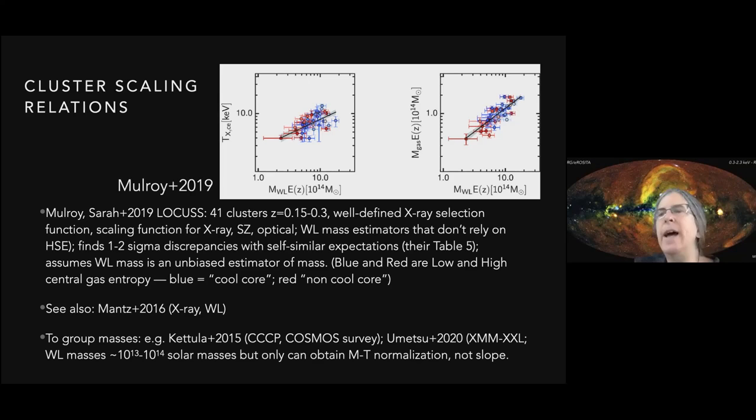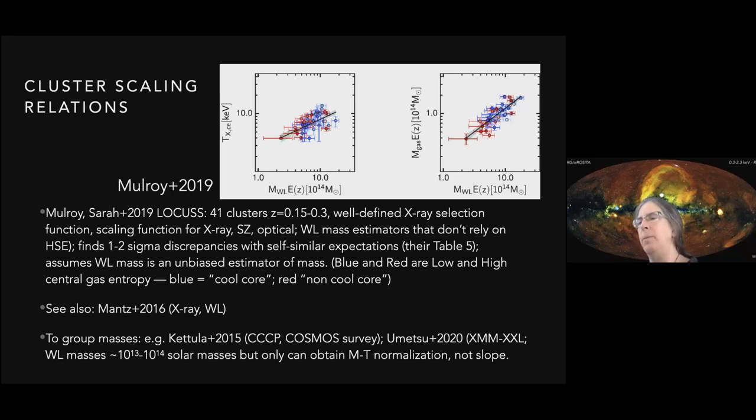You can see similar analyses by Adam Mantz from 2016, and some people have attempted to extend these things to lower masses. I will point you to Kettula et al. from 2015, who included group scales, clusters from the CCCP and COSMOS survey, and there's some work by Umetsu from the XMM XXL survey.